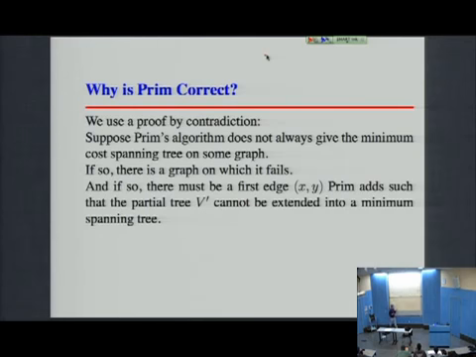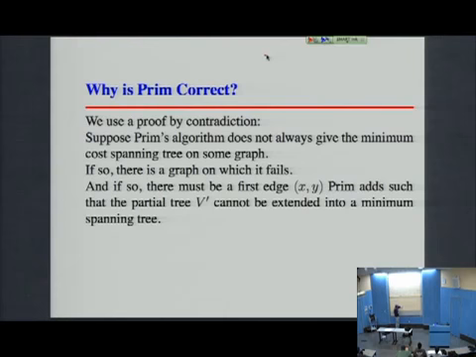Let me draw that in another picture because it's sort of obvious. Here is a tree. I have now added this edge to it. Note that if I delete any edge from the cycle, the tree is still connected. Does everybody see that? If I delete this one, it is still connected, right? What if I delete this edge?